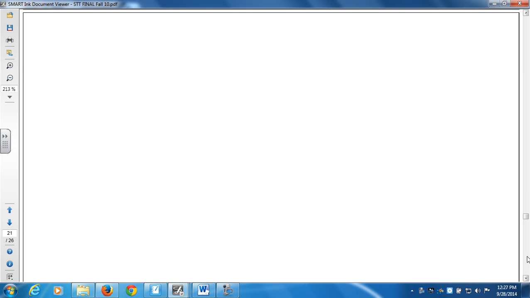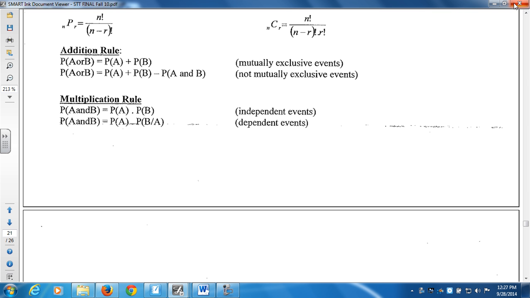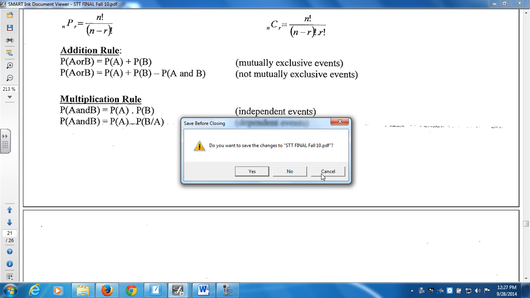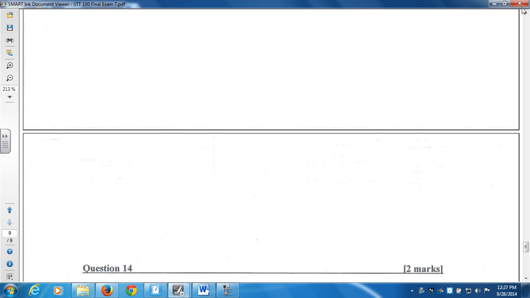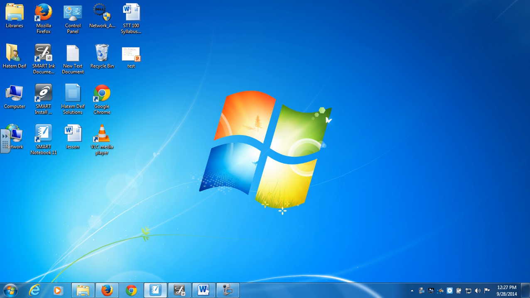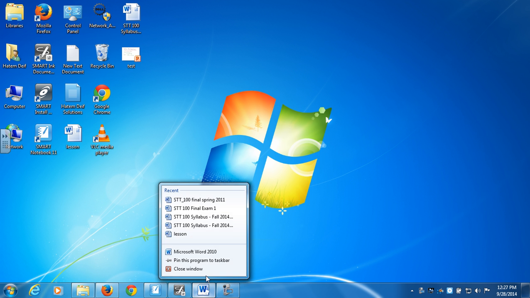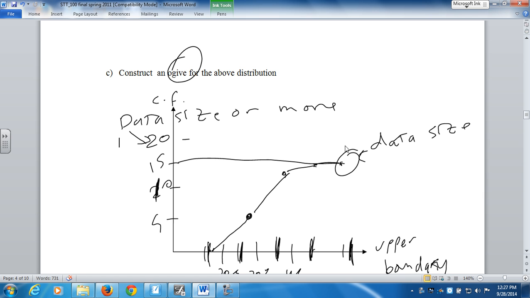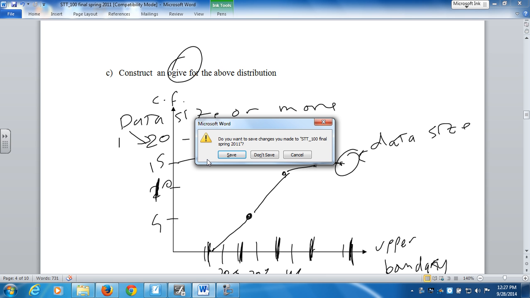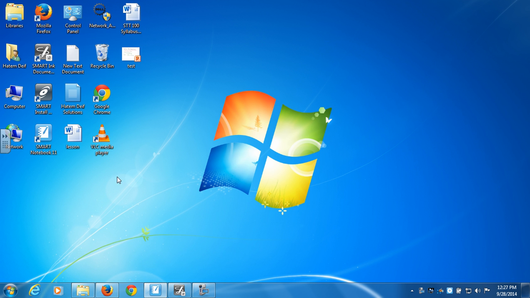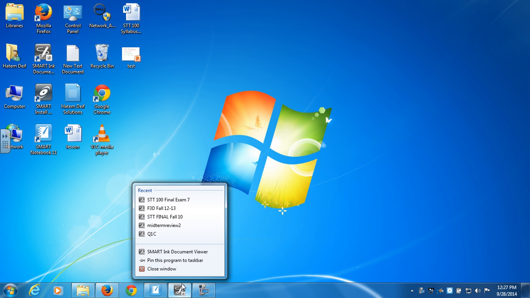I don't know. It disappeared. Okay, anyways, I'll just close everything and open them all again, and hopefully I'll find it. Or maybe this is it. This is the construct of the ogive for the above distribution. Okay, this is the start for the exam 2011.